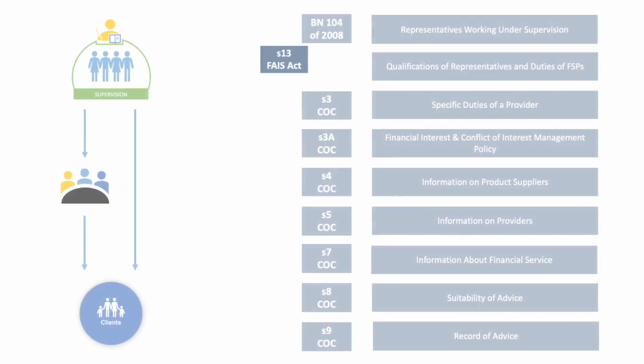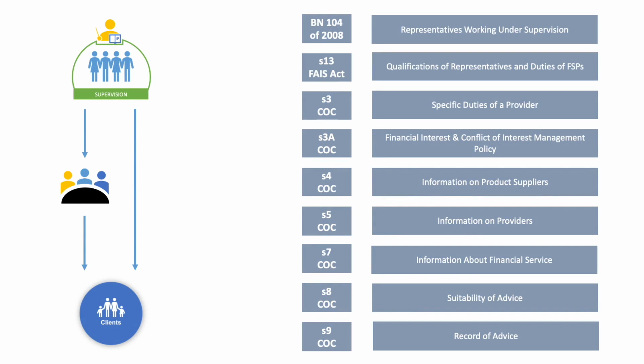Next, we will recap on Section 3 of the Code of Conduct, which relates to the specific duties of a provider. Remember, a provider is an FSP and/or a representative. When FSPs render financial services, they need to consider what they say to clients, how they contract and deal with the client, and any possible conflicts of interest.